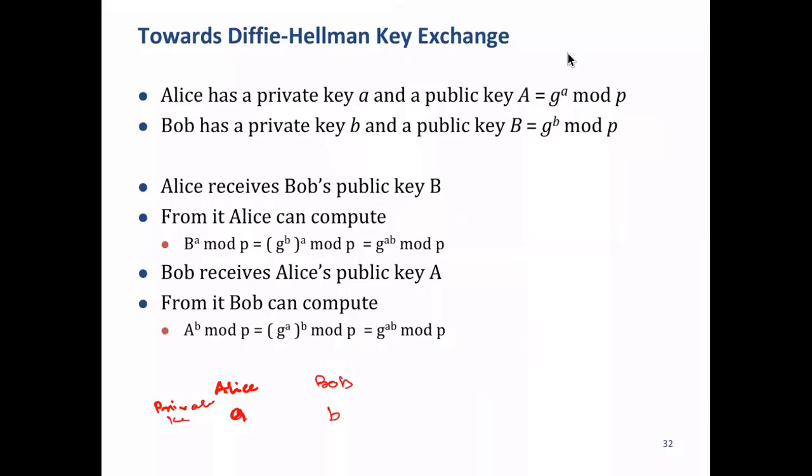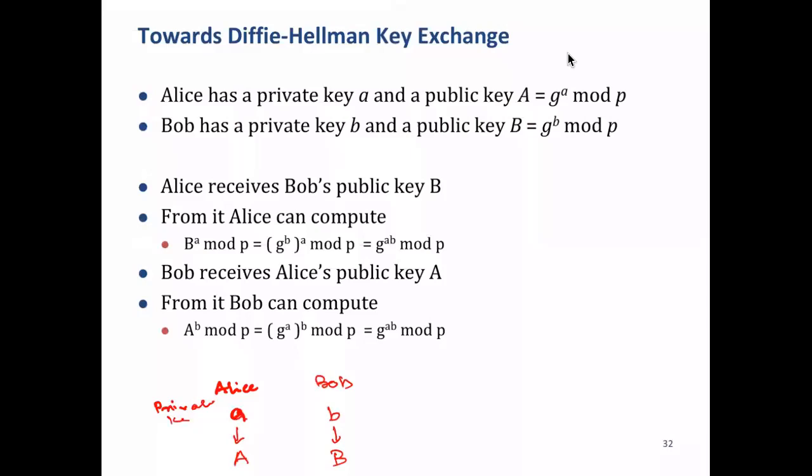And now from this, Alice generates public key A and Bob generates public key B. Note we have said that there is a relationship between public key and private key, and the private key is known only to the respective person.